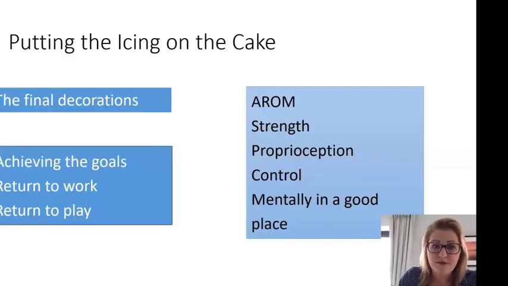So to get this elbow range of movement, we need to make sure we've got the icing and the final decorations on the cake. To achieve the goals and get back to work and play, the range of movement, strength, the proprioception control, but mentally in a good place regarding the elbow. I'm not saying I have all the answers for that, certainly, but there are lots of different clinicians out there that do.